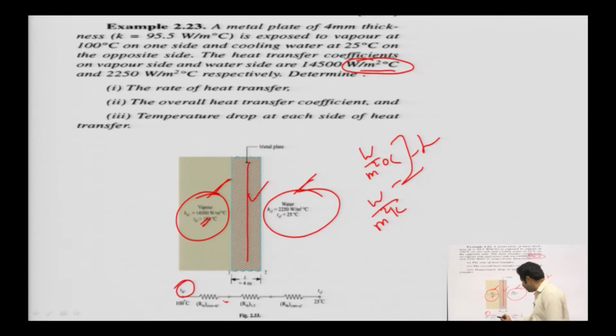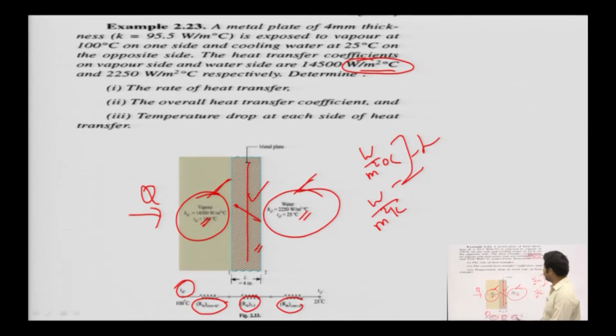So it will be R thermal convection of the vapor side, then the material side, meaning the metal plate, and then the convection thermal resistance of the water side. The heat will first encounter the thermal resistance of vapor, then enter the metallic plate and encounter the thermal resistance due to the metallic plate, and once it comes out, it will encounter the convective resistance of water.